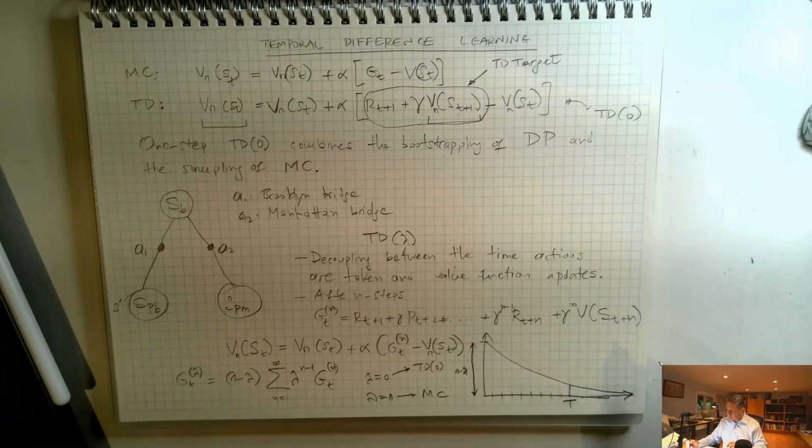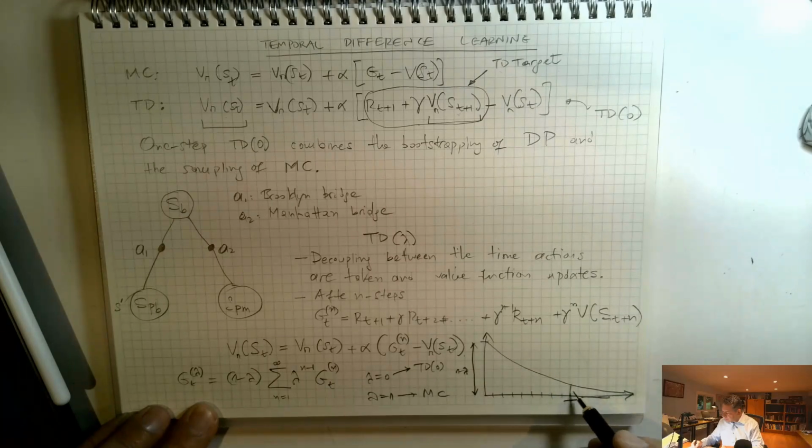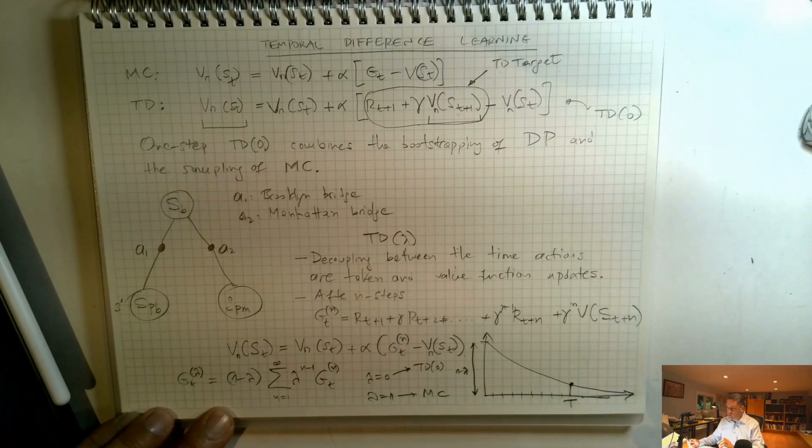The way it is presented is that we define the average return with a weight that is negative exponential, as shown, such that the summation of all the weights in this averaging sums up to 1.